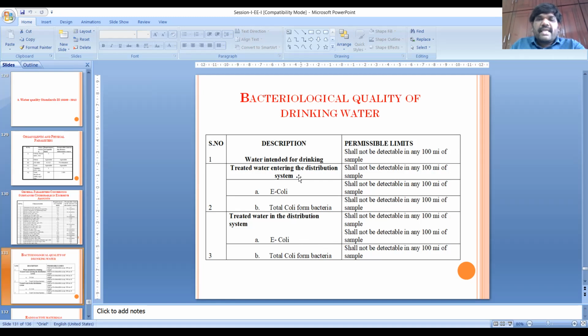In one sense, at any stage bacteria should not be allowed in the water: at the time of drinking, when entering the distribution system, and in the distribution system, E. coli and coliform bacteria shall not be detectable in any 100 ml of sample. Not detectable means they should not be available in any 100 ml of sample. This is the bacteriological quality of drinking water.